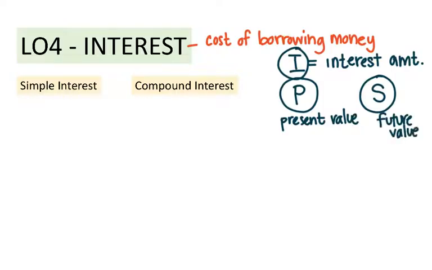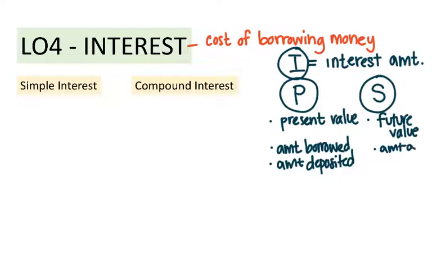What does that mean? P is the amount that you borrowed, or you can say it's the amount you deposited. Okay, and S would be the amount at the end, whether you repaid it at the end or you took it out of the bank at the end. Present value, future value, amount borrowed or deposited, and then the amount at the end.